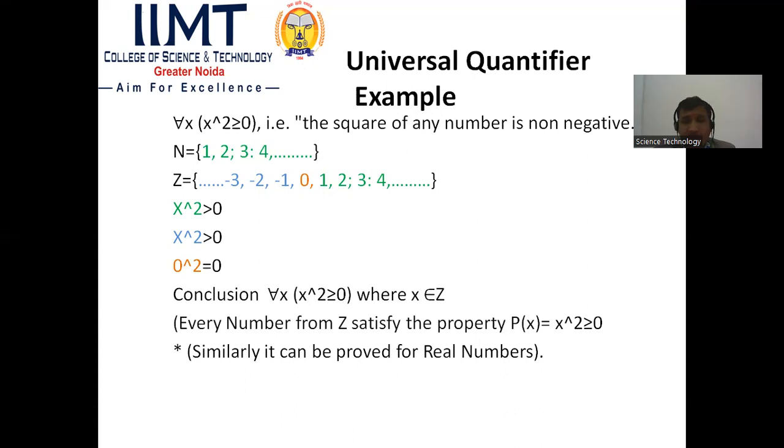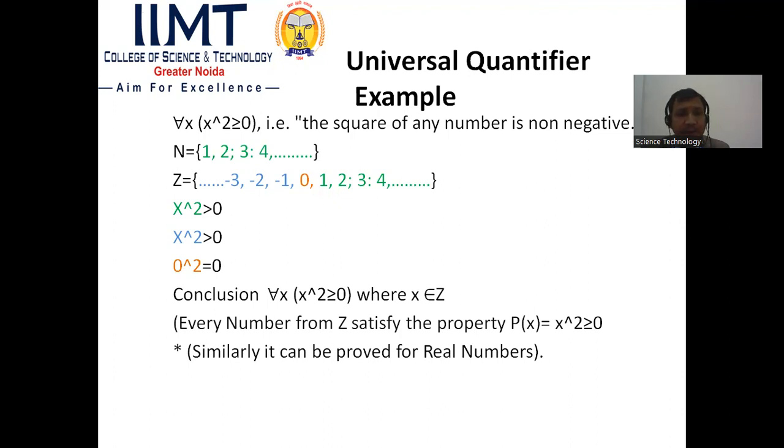Let Z be a set of integers, then this set comprises negative numbers, positive numbers, and the number 0. So I am explaining by first taking positive numbers. The square of positive numbers is always positive, we know. So we can see the square of every positive number is non-negative.